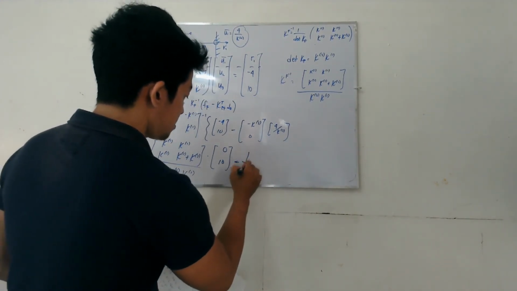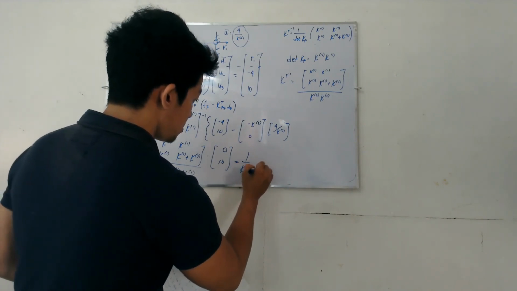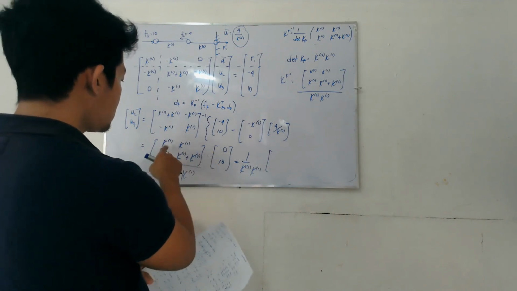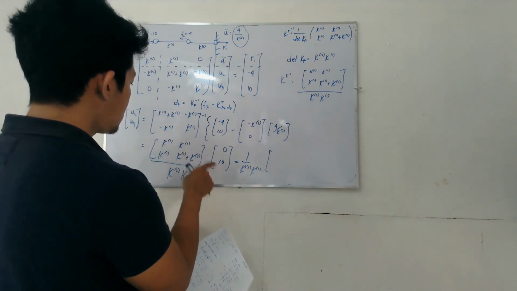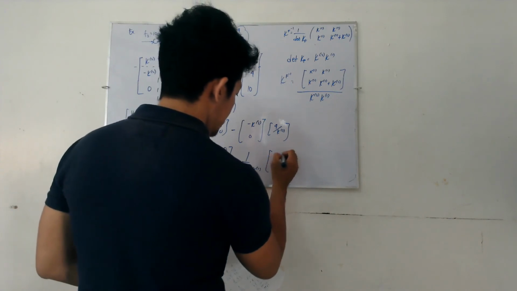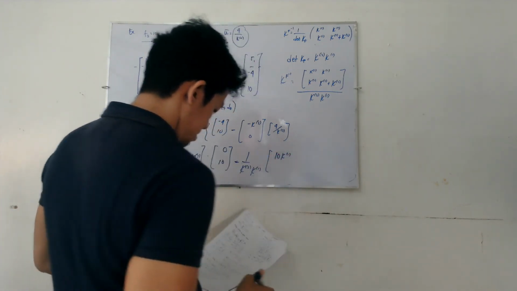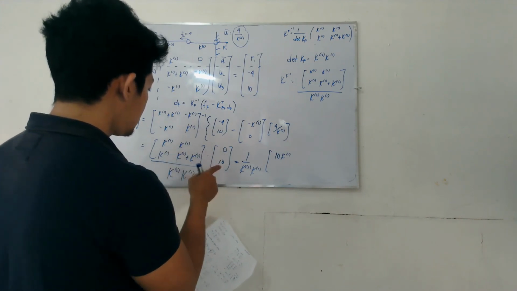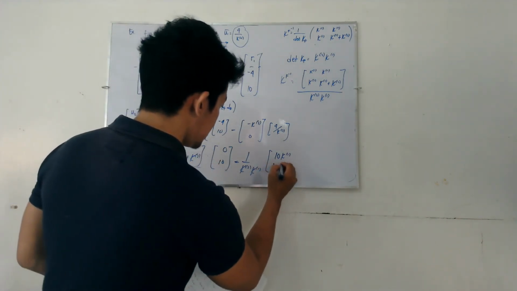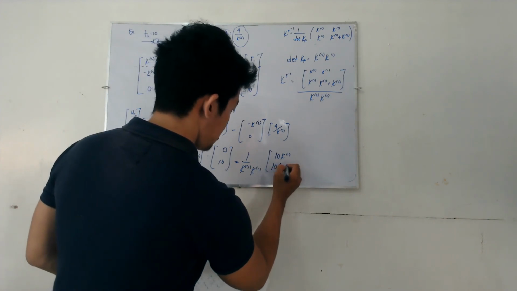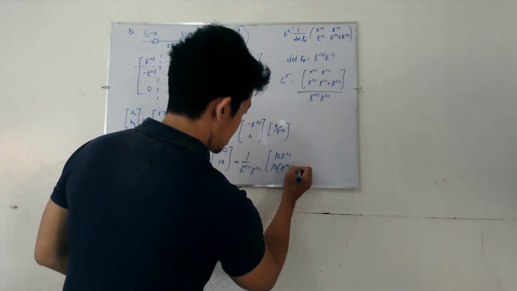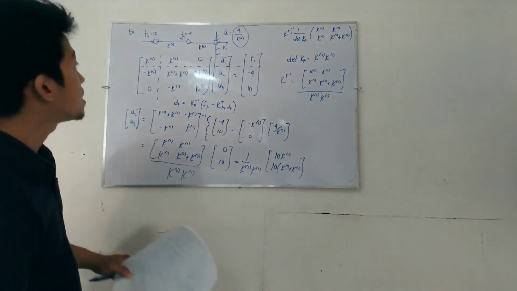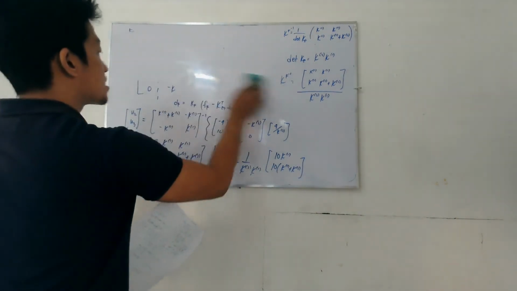Sa ning 1 over K2 K1 matrix, ang answer ani 0, 10 K1, and then 0, 10 K1 plus K2.